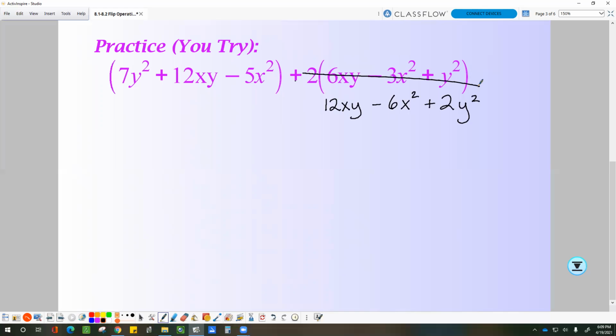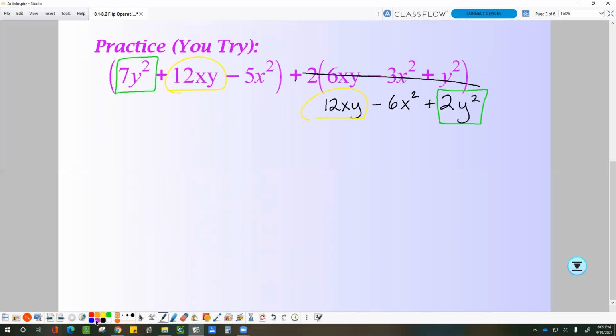And you can either line them up as we just did in the previous example, or you can find the terms that have the same variable sets and match them this way.